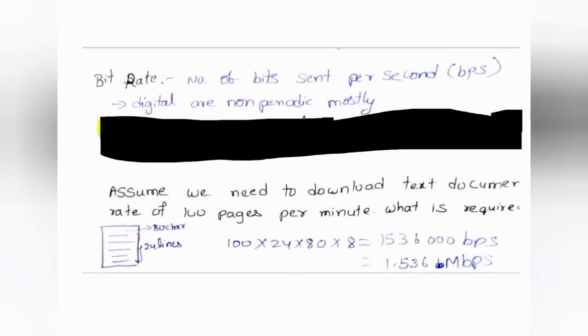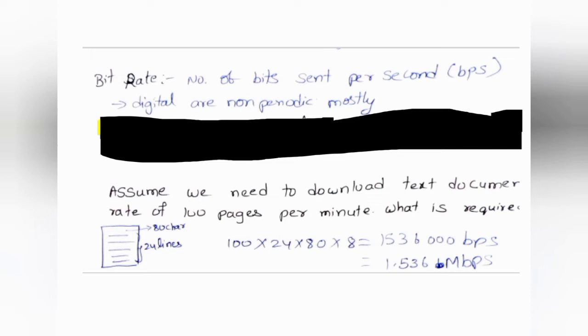Now the next parameter of the digital signal is bit rate. We are transmitting a digital signal through the transmission medium, so we need to know how many bits are transmitted per second. That is called the bit rate. Most digital signals are non-periodic, and thus period and frequency are not appropriate for digital signals.